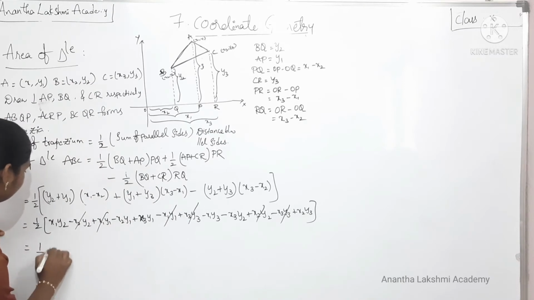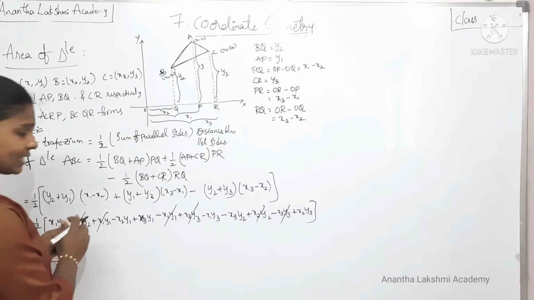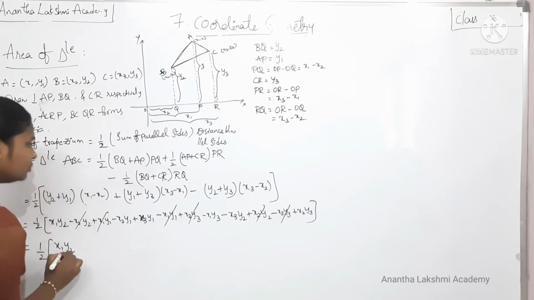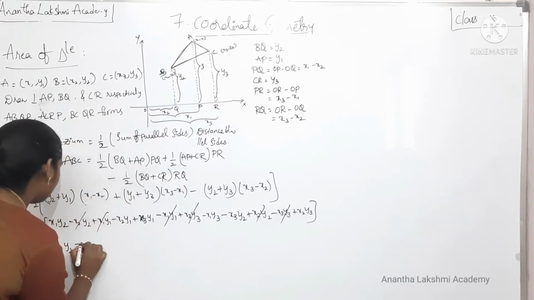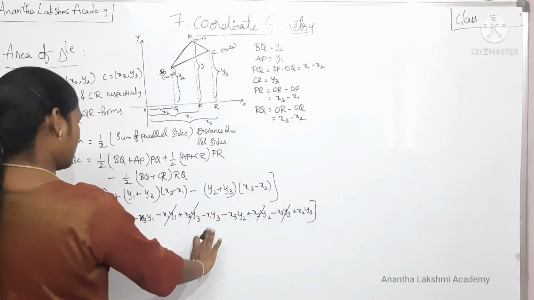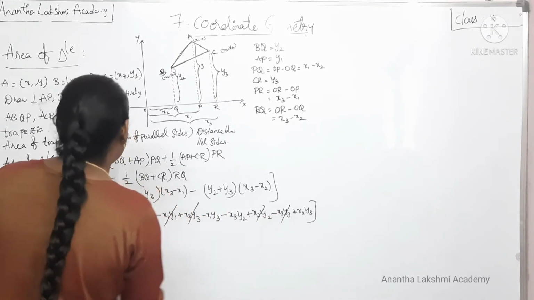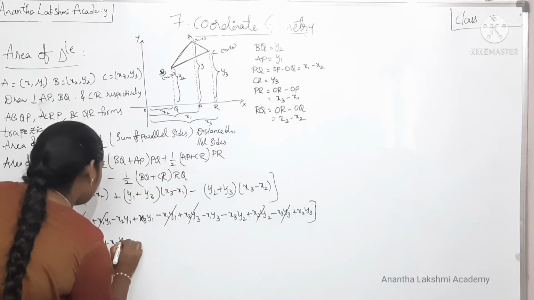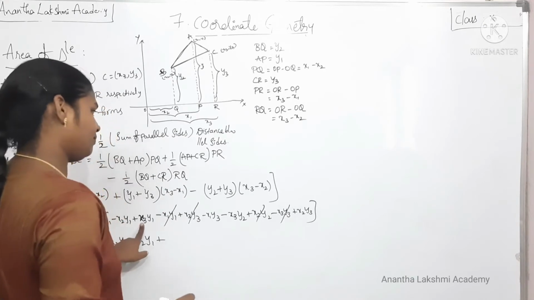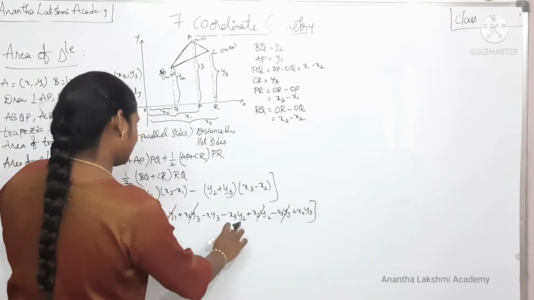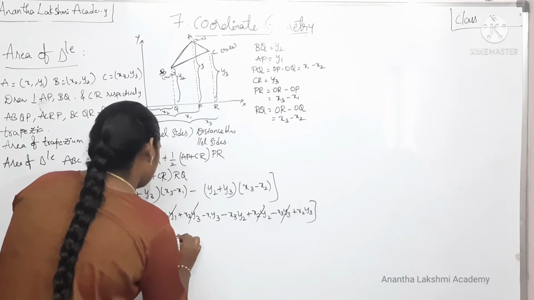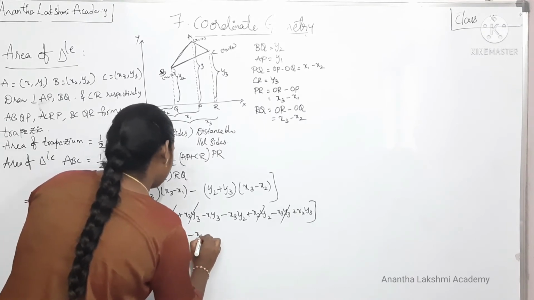Half into, I'm writing all the x1 terms aside. So that becomes x1 y2 minus x1 y3. Two terms finished. Now, do we have x2 terms? Yes. Plus x2 y3 minus x2 y1, plus the x3 terms: x3 y1 minus x3 y2.